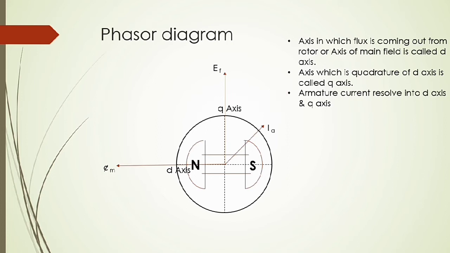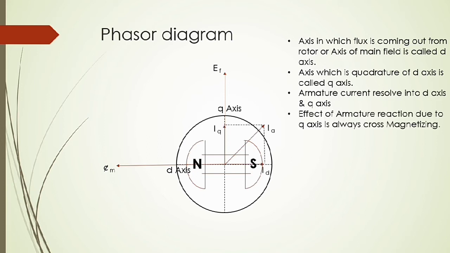We see how it is broken into the two components. Here you see this one is the Id, and this one is Iq.